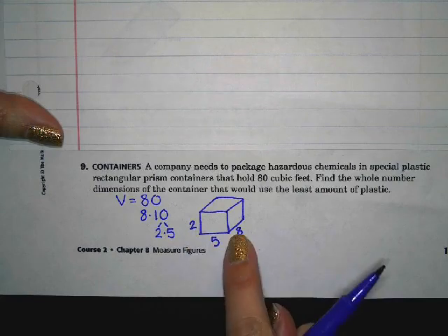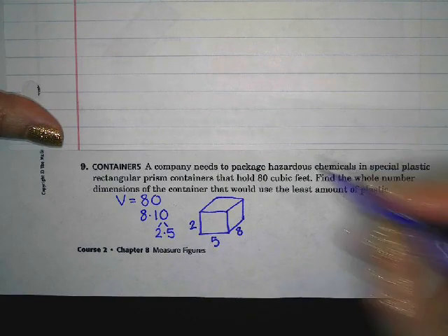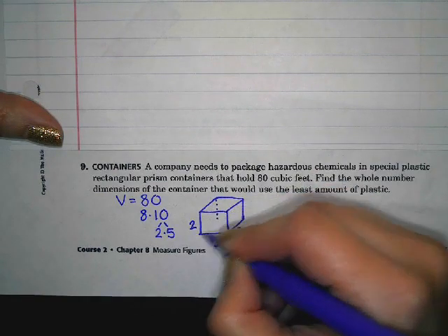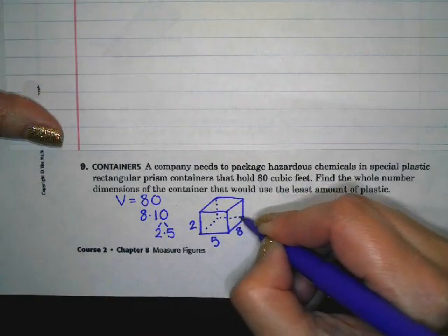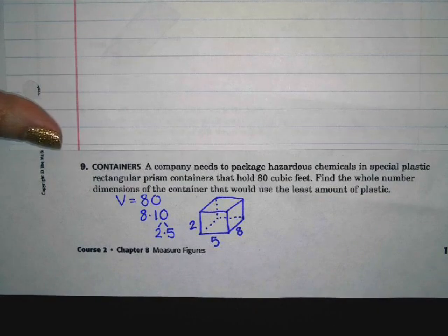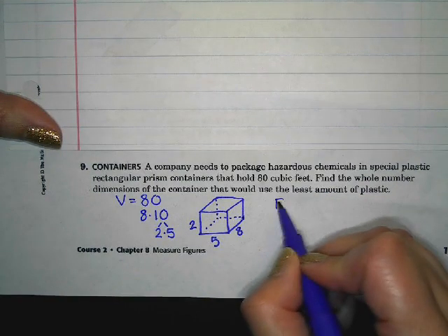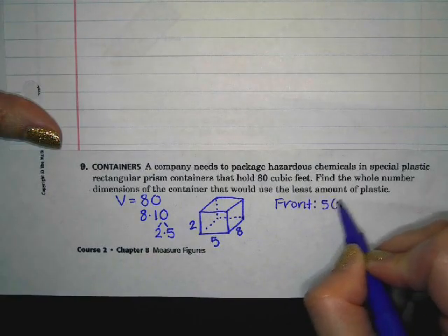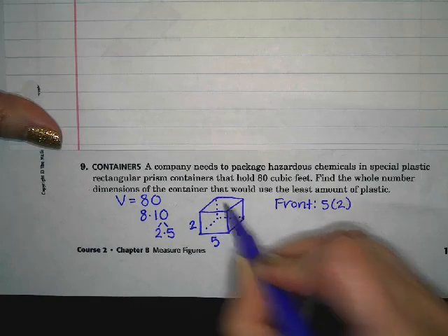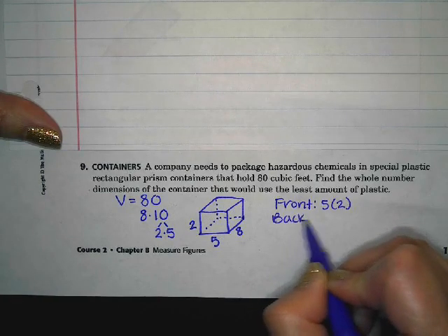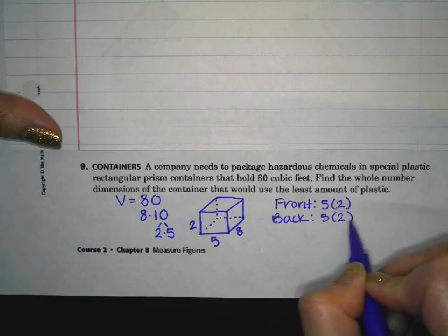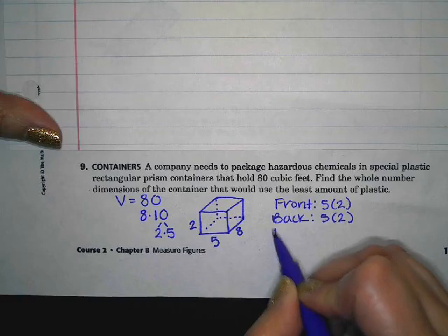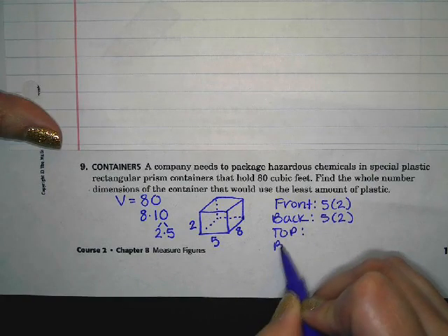So now I have some dimensions that I can find the surface area. So my surface area, I have to add all of the sides again. So let's add in some of our dotted lines so we can really see what's going on here. So for the front, we would have 5 times 2. The back is going to be identical to that. Our top would be 5 times 8, which is the same as our bottom.